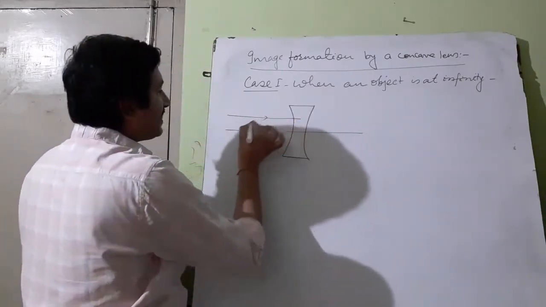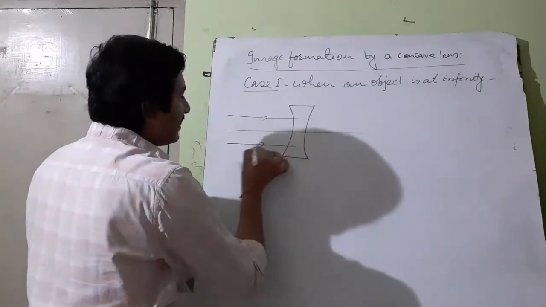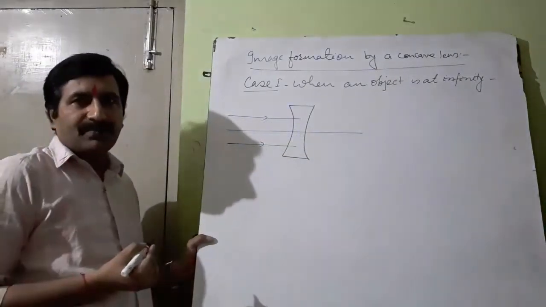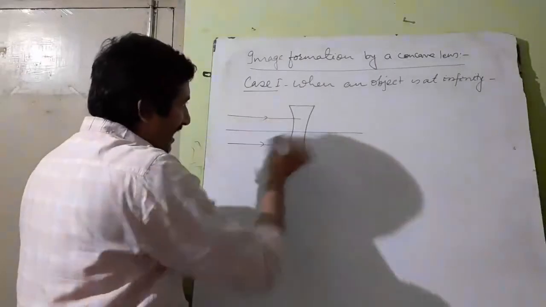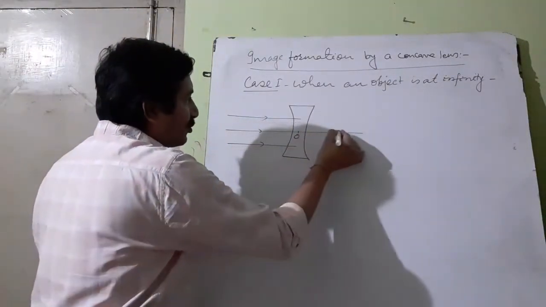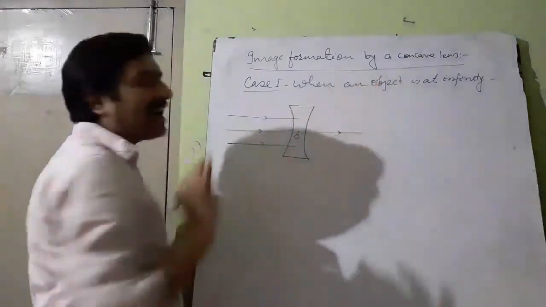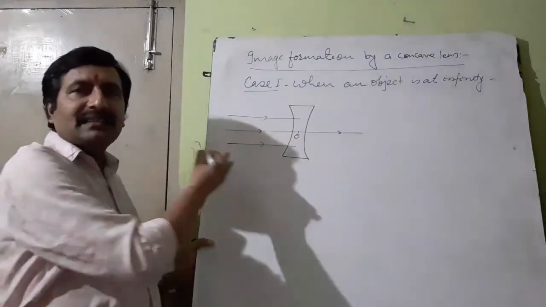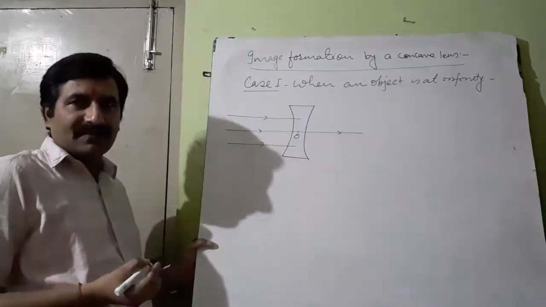If the object is placed at infinity, the incident rays are parallel to each other. They are also parallel to the principal axis here. So one ray is just passing through the optical center. It will pass without any deviation, and it is treated as the principal axis.